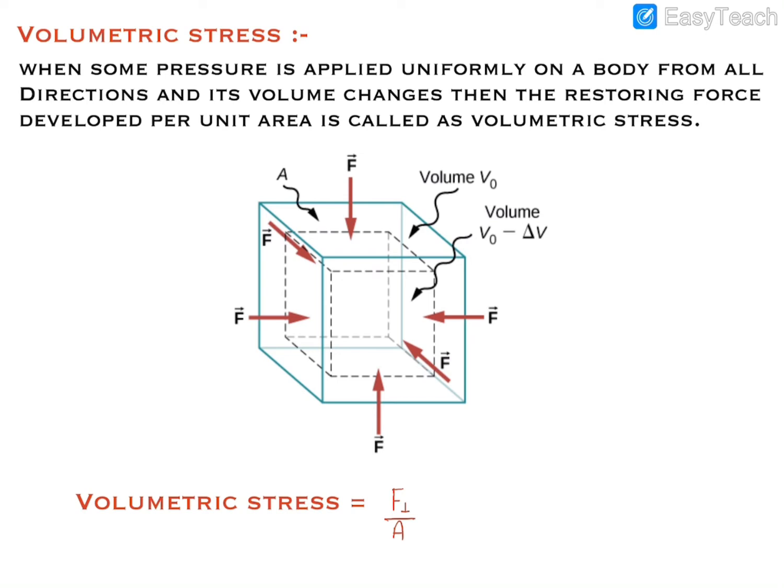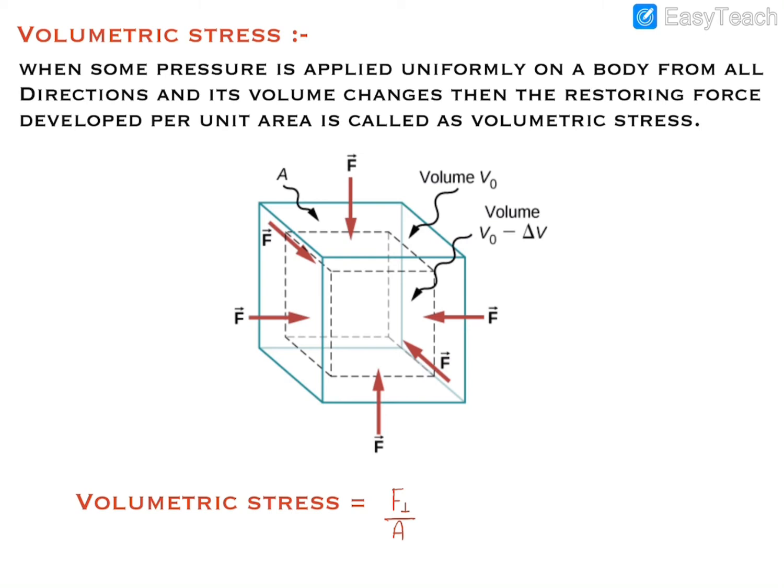So volumetric stress is F perpendicular upon area, and you should also remember that volumetric stress can be called pressure also, and the dimensions of stress are equal to pressure.